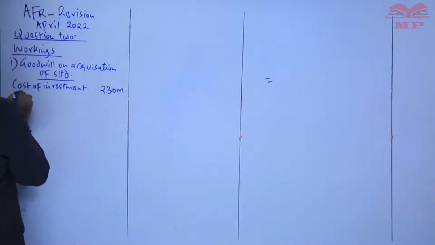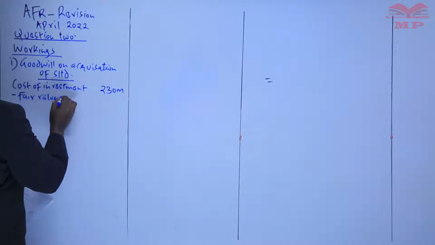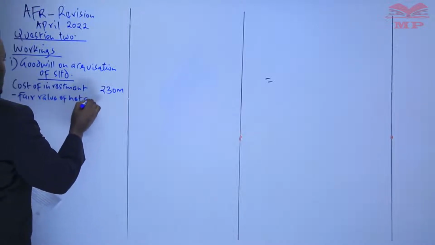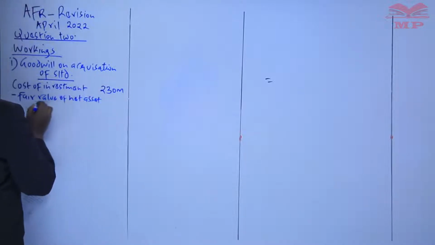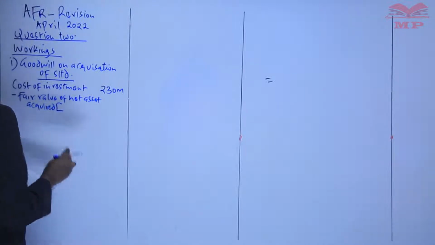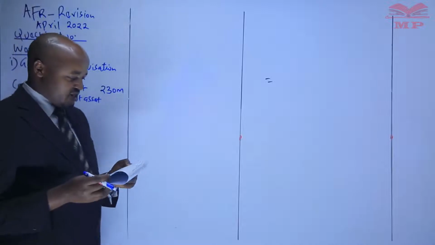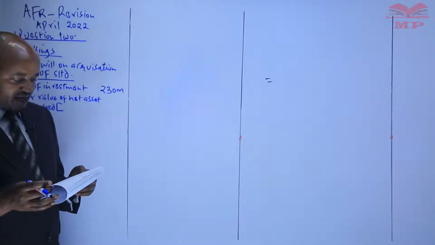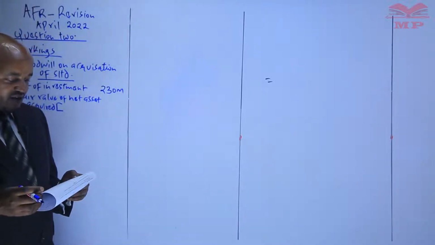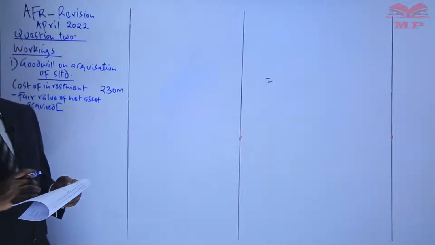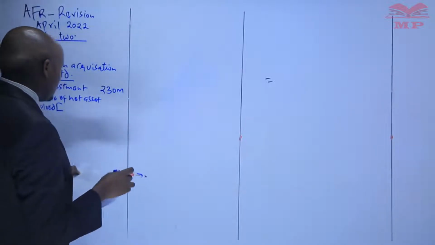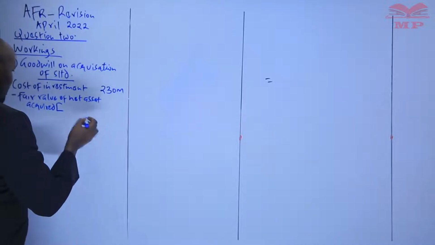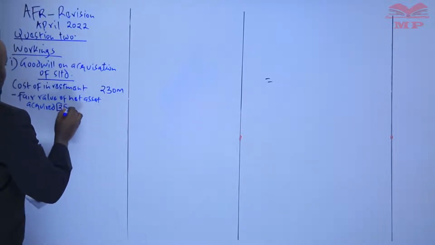So to this, what we need to do is to less the fair value of the net asset which were acquired. Still in that last paragraph of note number 1, we are told that when this subsidiary was acquired, the fair value of its identifiable net asset stood at 250 million.